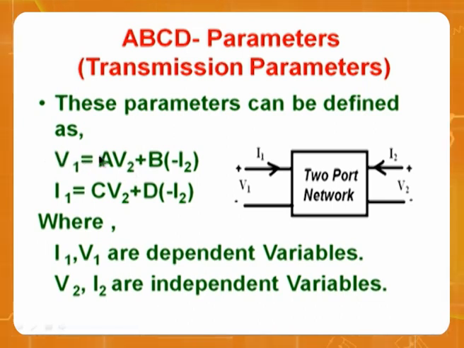T1 2, 1 2, this is also T1 2, 1 2. Everything is becoming one parameter. That's why writing 4 parameters with one symbol is not possible.